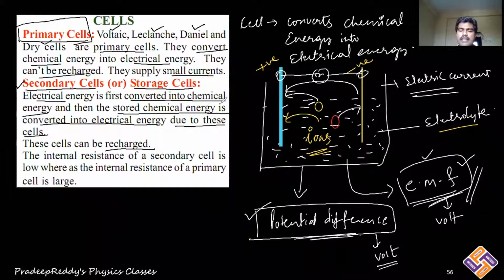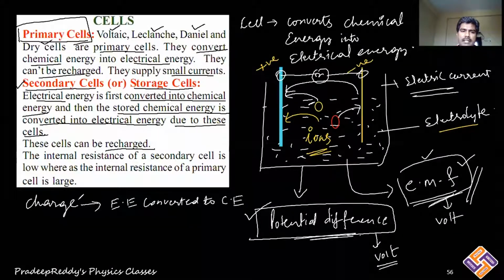In those secondary cells, initially electrical energy is converted into chemical energy when you are charging. Initially you need to charge it, right? When you are charging the mobile or a battery, electrical energy gets converted to chemical energy.